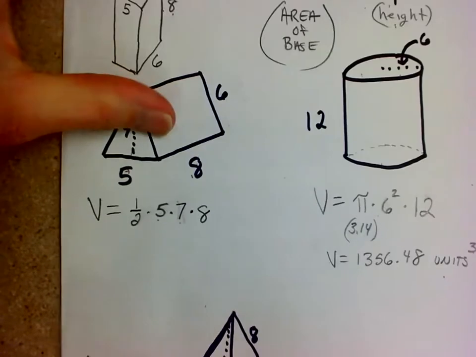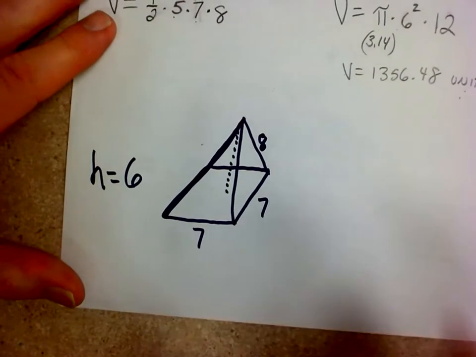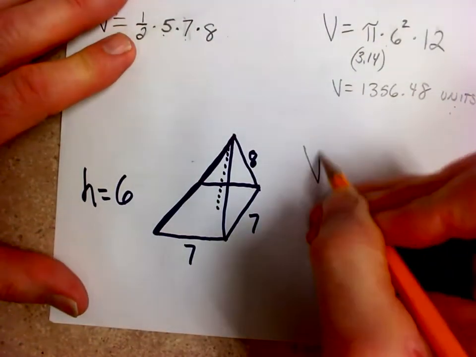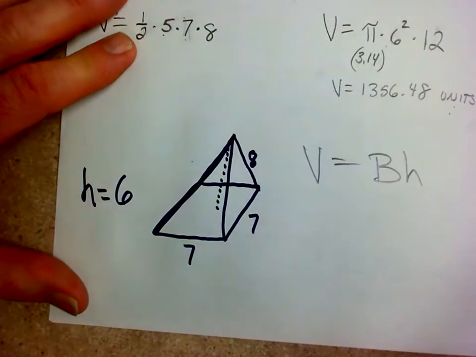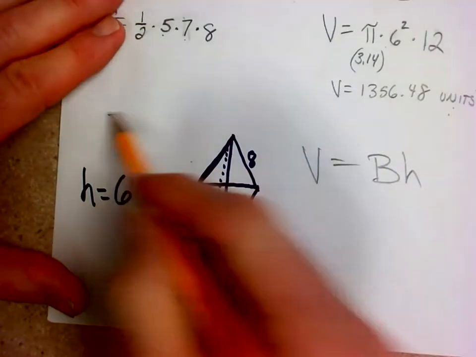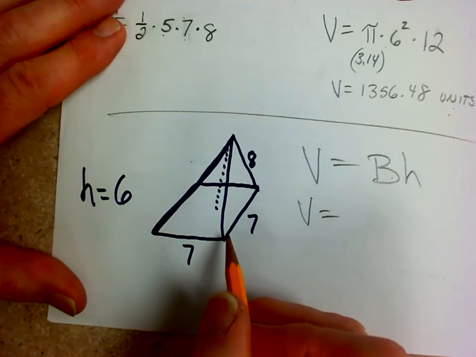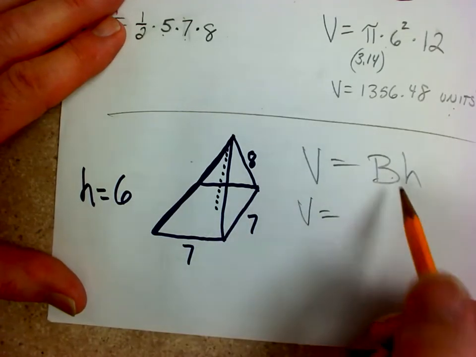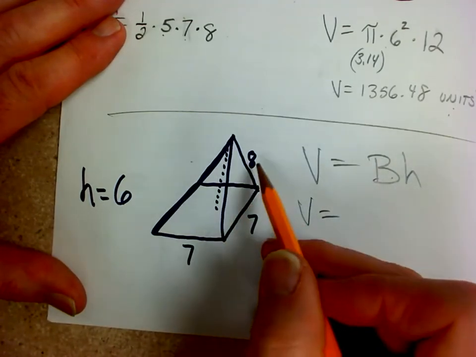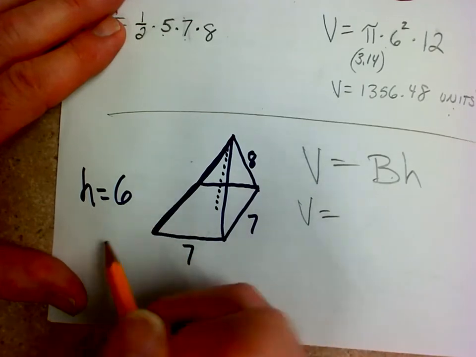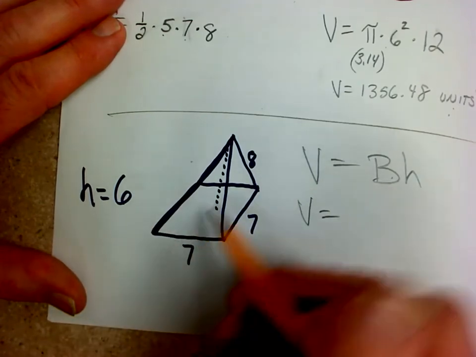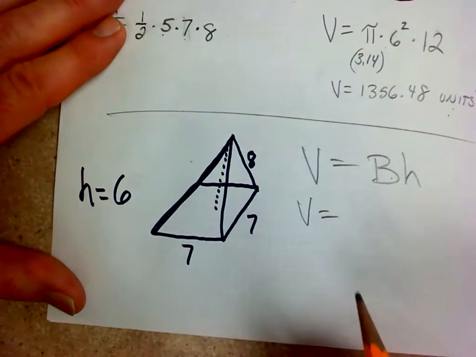So there's a couple formulas. We come down here to our pyramid. Same formula. Area of the base. Now where's our base? Well, it can't be this triangle because it's touching the triangle opposite. Can't be this triangle in the front because it's touching the triangle on the back.